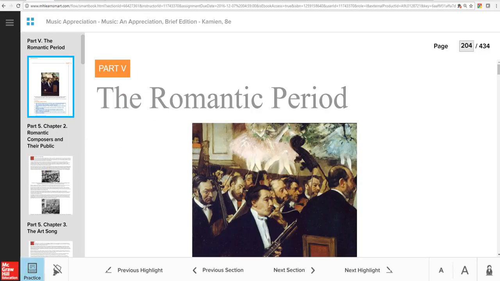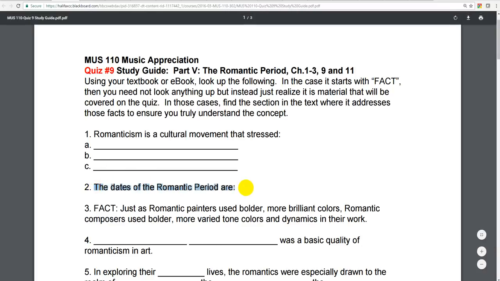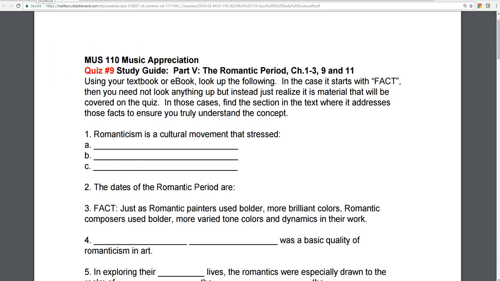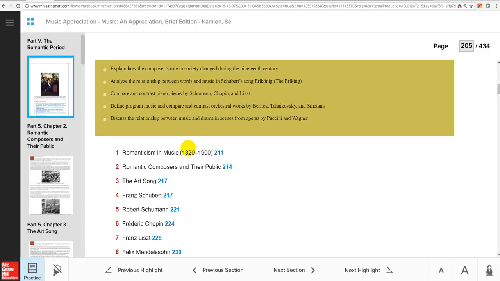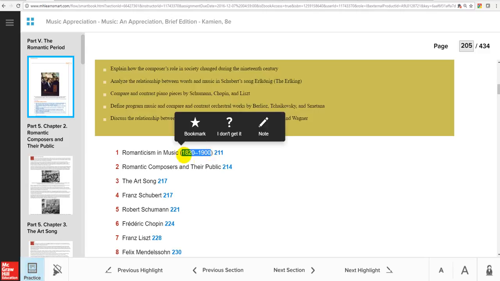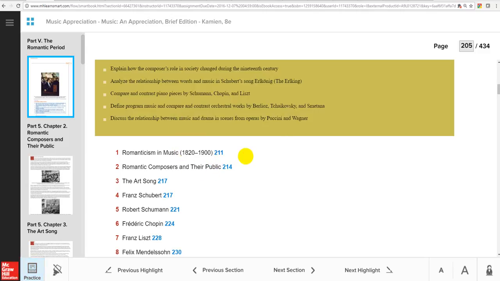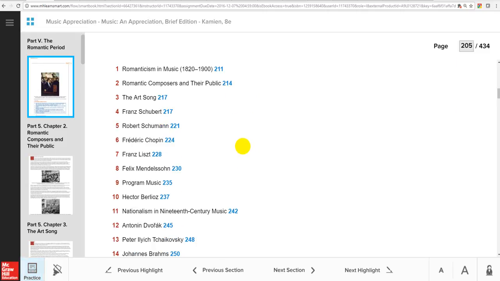So let's get started with the second question here, because that's the easiest to find and quickest in the chapter right off the bat. So the dates of the Romantic period. If you recall, the classical period ended in 1820, so that's where we're starting, and you will see the dates are here, 1820 to 1900. That's the generalized dates of the Romantic period.